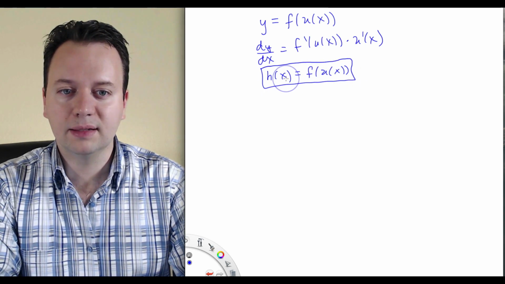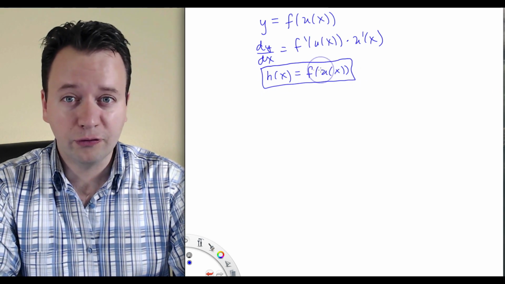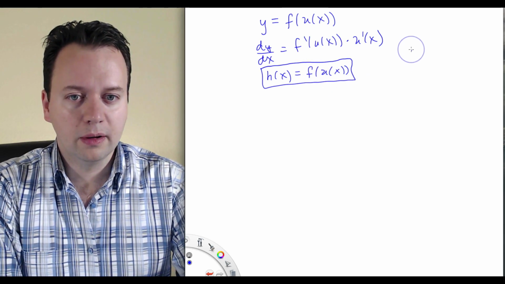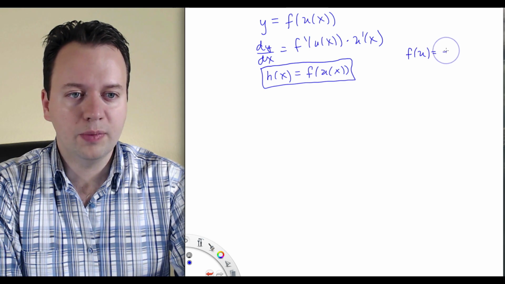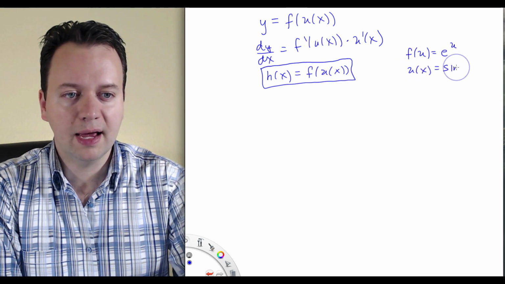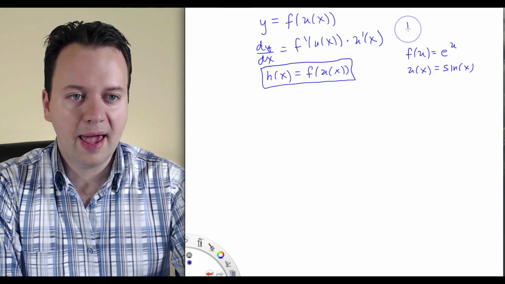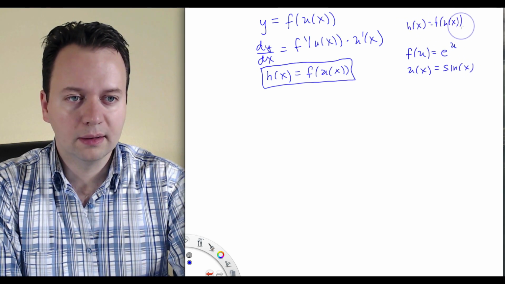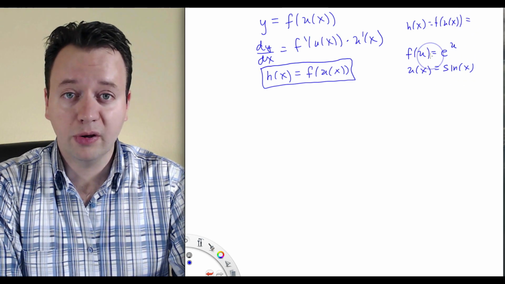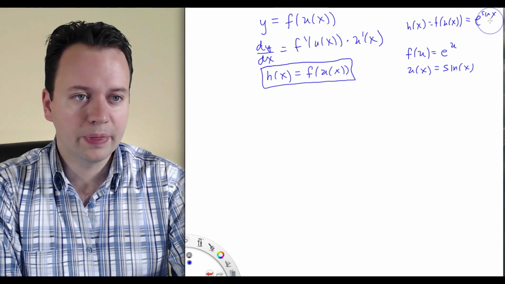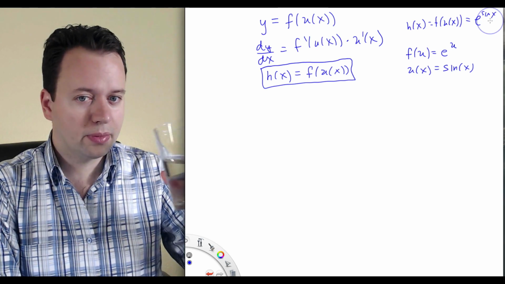So h of x is a different function than f, and a different function than u. For example, f of u could be e to the u, and u of x can be sine of x, and then h of x, which is f of u of x, we take u of x and plug it in for the u in f of u, so we get e to the sine of x. It would work something like that.